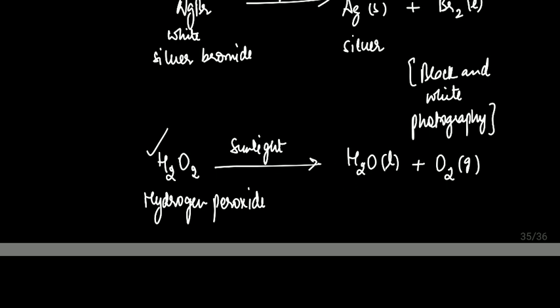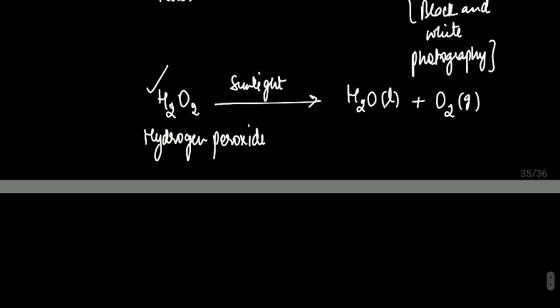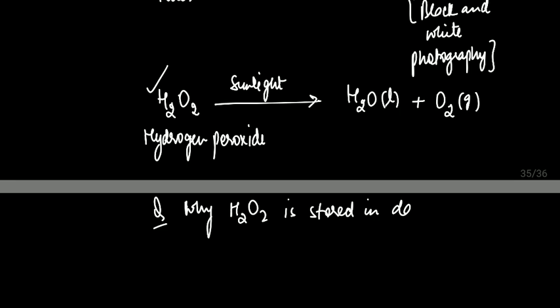So this can be a good question: why is hydrogen peroxide stored in dark colored bottles?